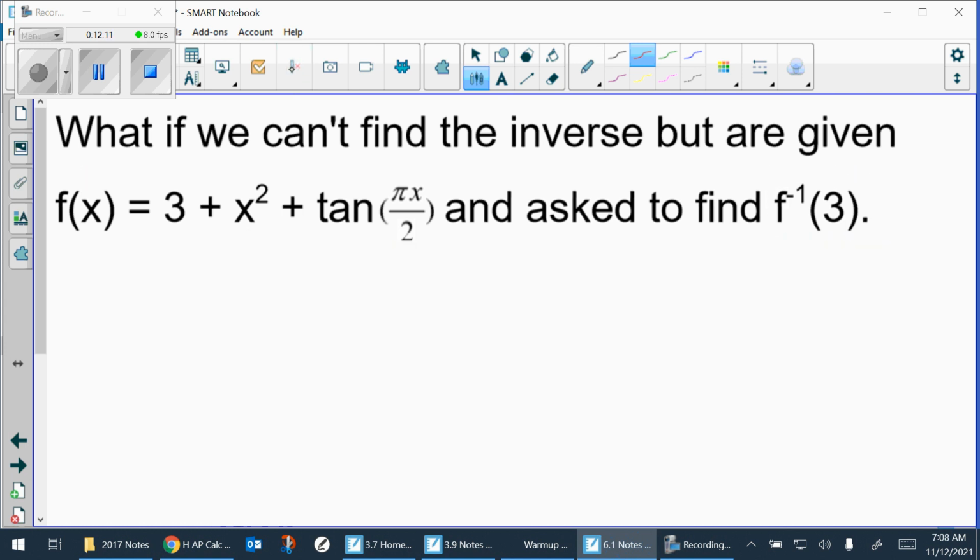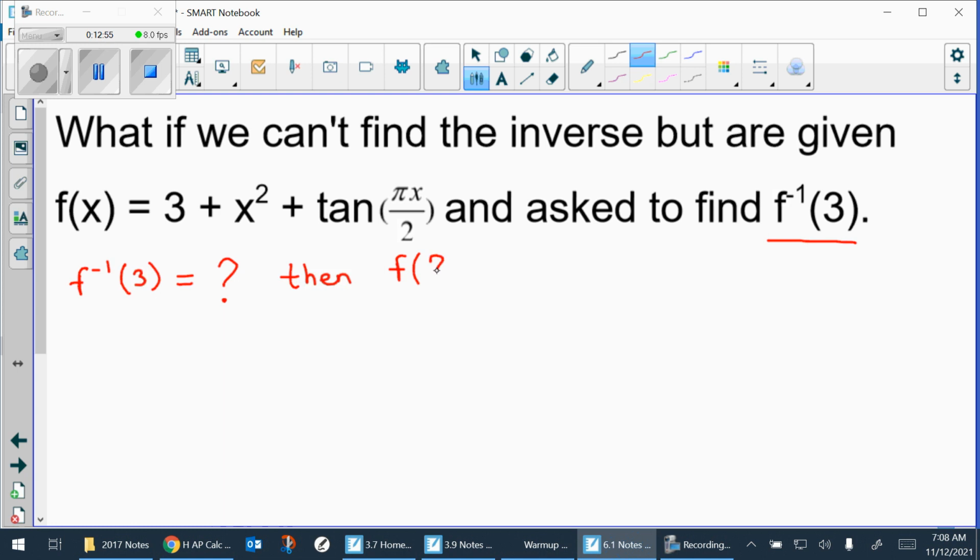Well, if you're asked such a question, here is how you're going to attack it. You're going to start with what you're asked to find. You're going to say f inverse of 3 is equal to, I don't know. If I knew, I'd answer it and I'd be done. And if f inverse of 3 is equal to question mark, then we know that the inverse of that, which is the original function, switches the roles of the x and the y.